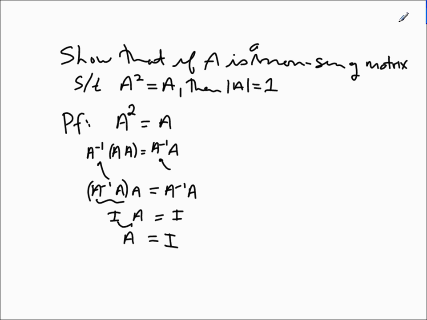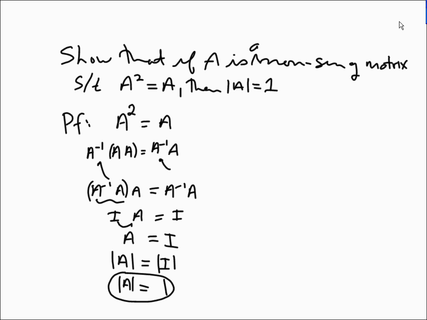There's only one way A squared can equal A. If you square a matrix and you get yourself back, well, that's not true in general. If you square a non-singular matrix and you get back the matrix you started with, it had to be the identity. So the determinant of A is equal to the determinant of I. And the determinant of A, we don't know, so we think, but we know the determinant of I is 1.